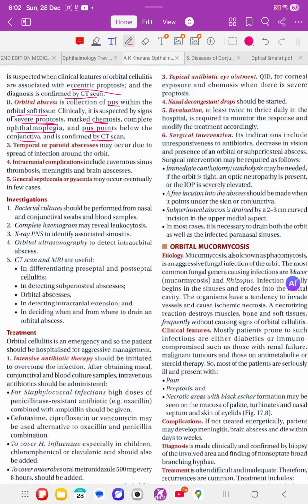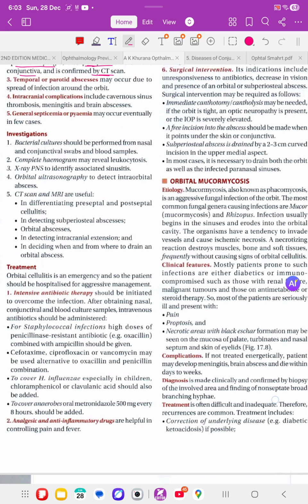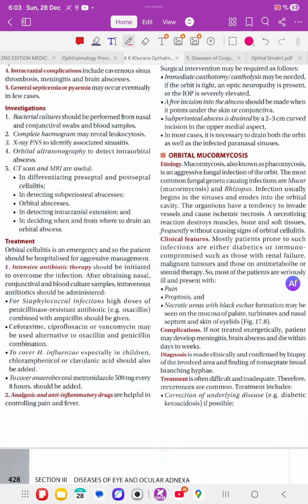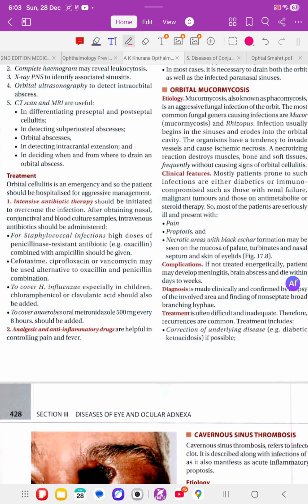CT and MRI to differentiate preseptal and postseptal cellulitis, to detect subperiosteal abscess, orbital abscess, and intracranial extension, and in deciding when and from where to drain the orbital abscess.